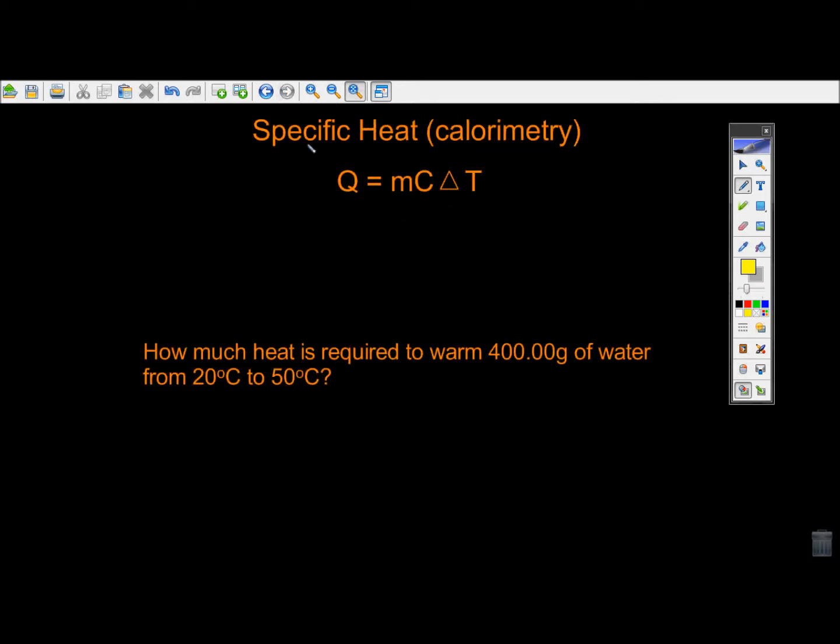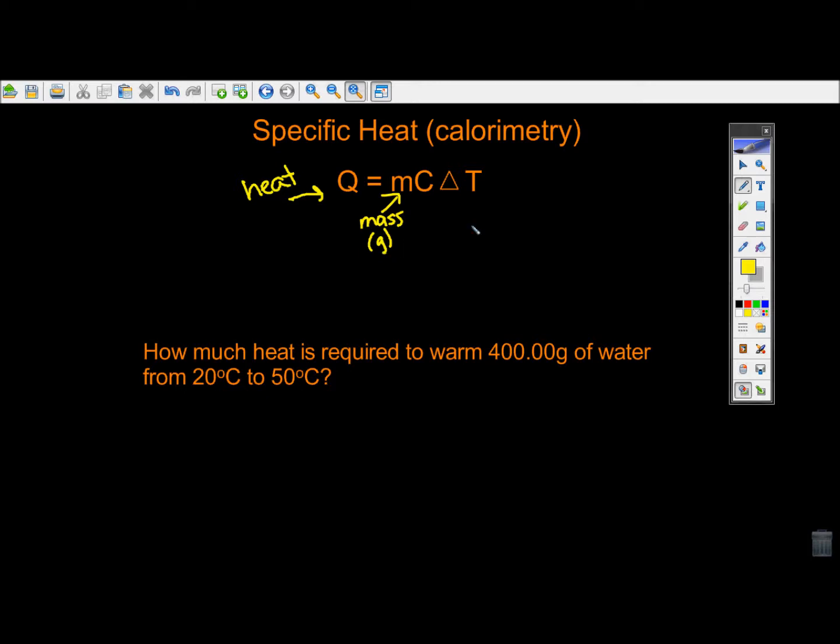Okay. Second equation you're going to need when you're doing thermodynamics is specific heat. And here it is. Q equals MCΔT. That's how I remember it, MCAT, even though that's not a name. Q is heat, just generic heat. M is mass, right, measured in grams.